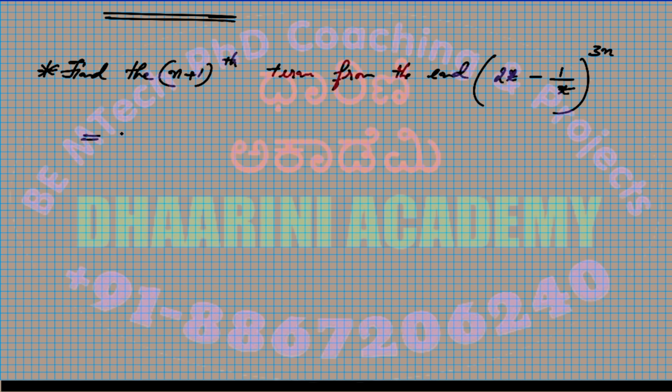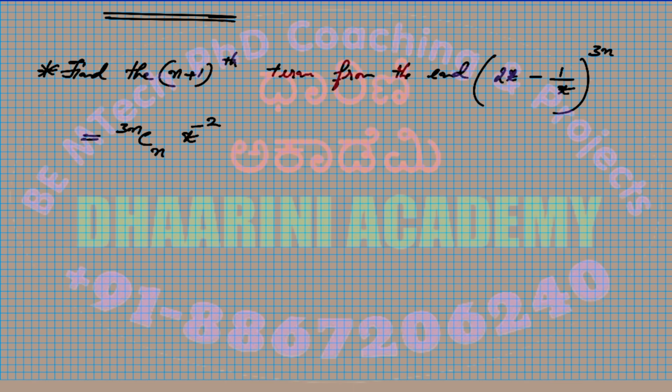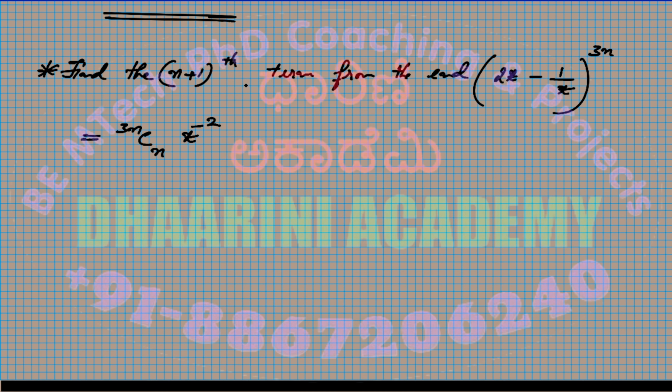The answer is equal to 3n Cn, x to the minus n, into 2 to the power n. Yes, this is the required answer.